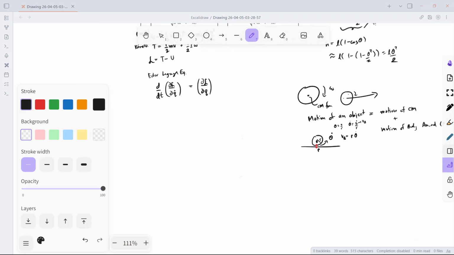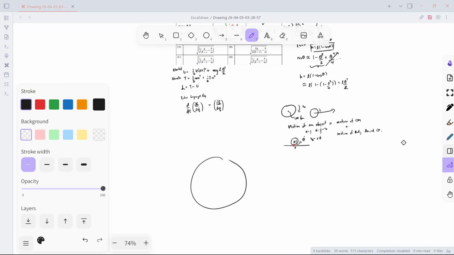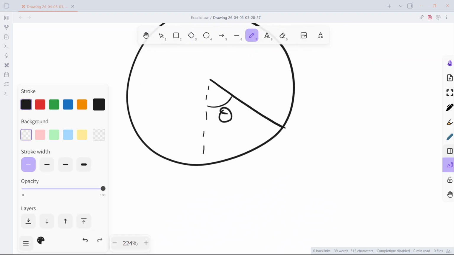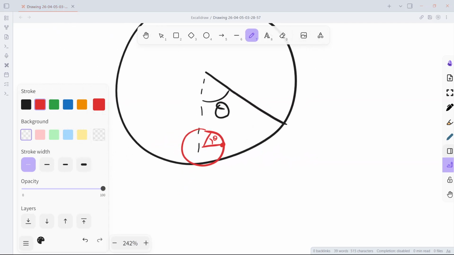So maybe there's this ball, and there's this theta, and then there's the ball here. And if we consider a point here, maybe there's another theta here. The question is, how are these thetas related?